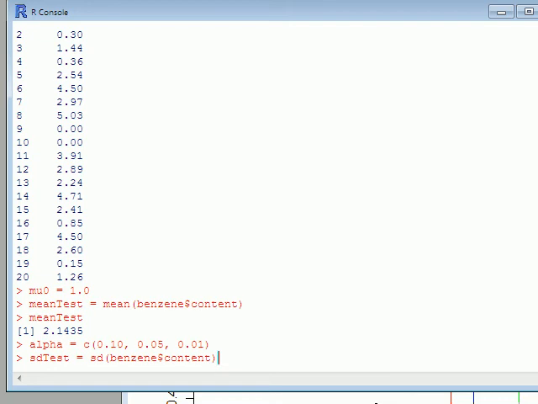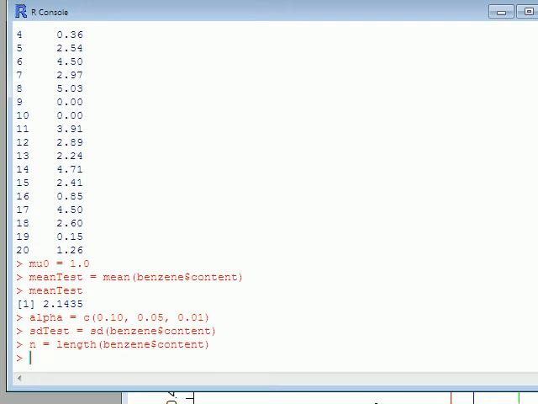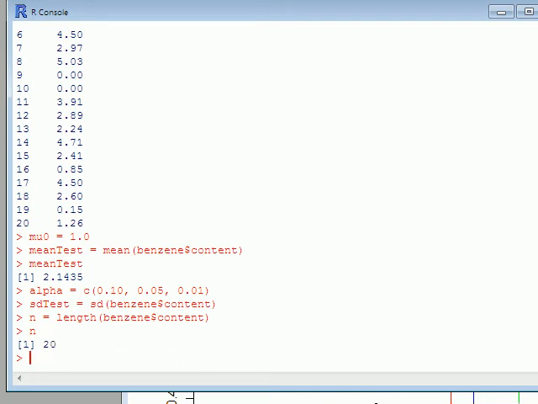Okay, so there's the standard deviation right there. What is n? How long is this? I can use length. Okay, that makes sense. And now I've got my mu naught.